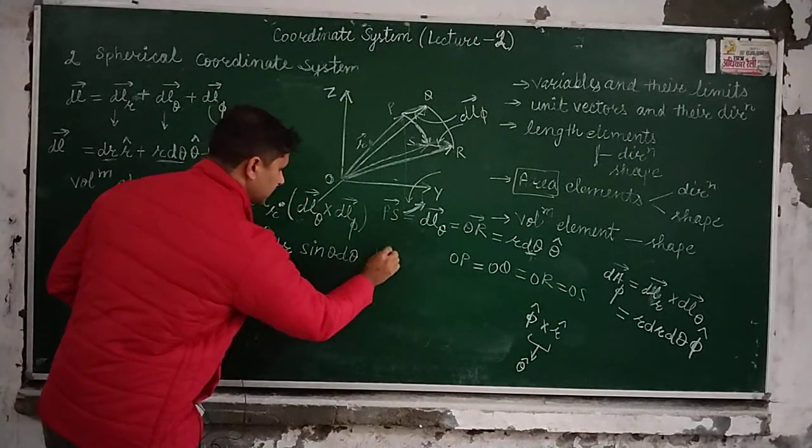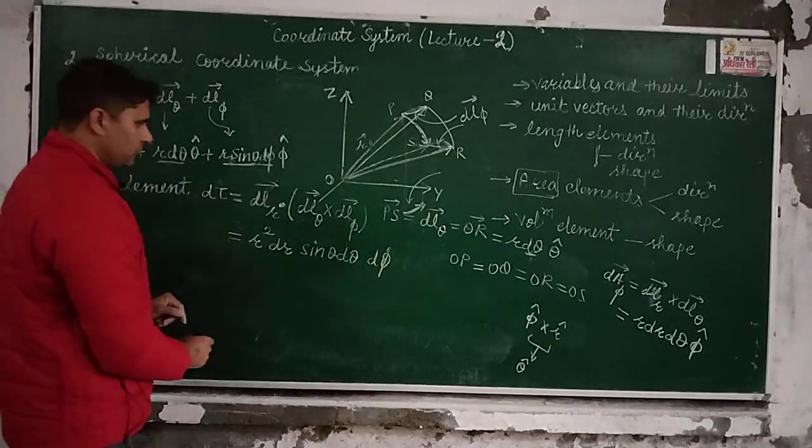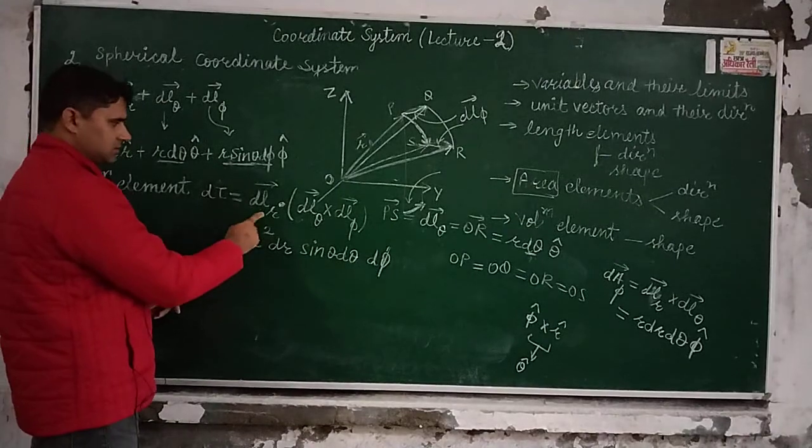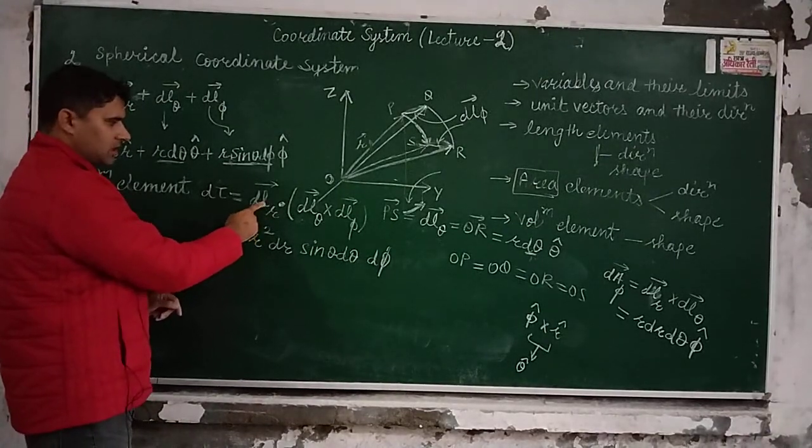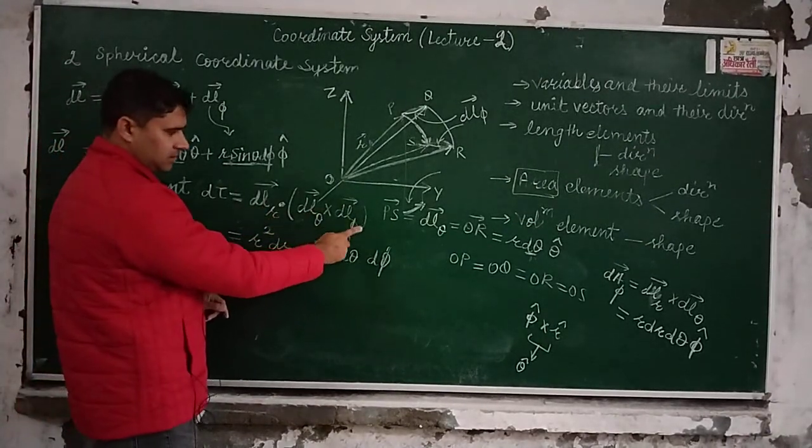This is how you can get the volume element, and then we have the vectors, their directions r cap, dot, theta cap and phi cap.